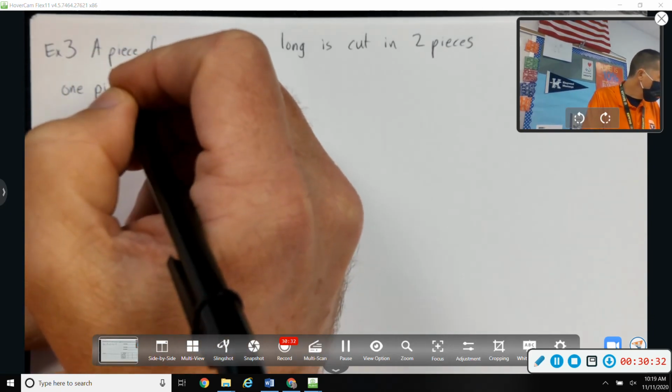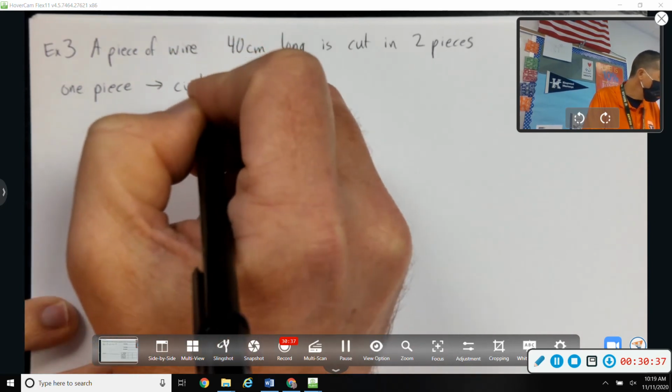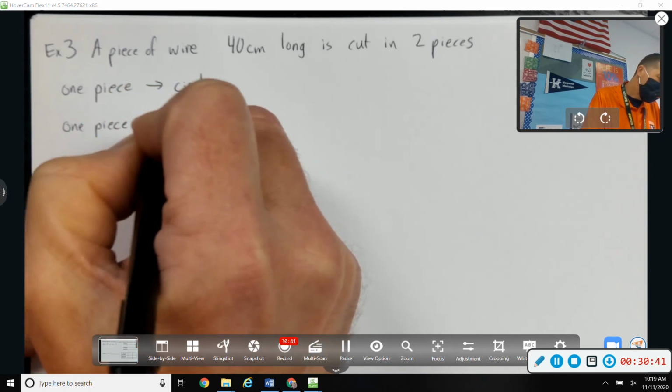One piece we're going to turn into a circle, and one piece we're going to turn into a square.